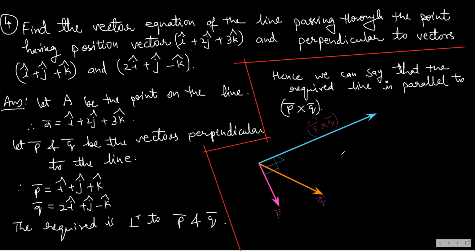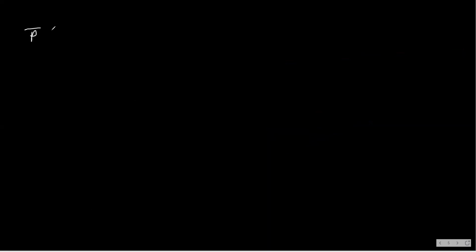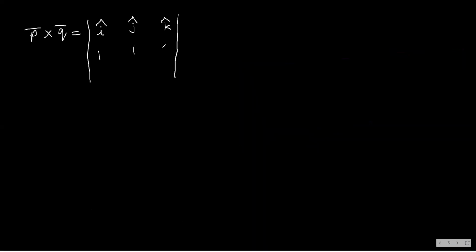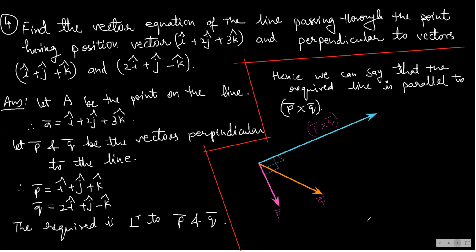Okay. So the next thing that I do is I will find out P bar cross Q bar. So P bar cross Q bar is, as you know, I cap, J cap, K cap, and now you have P bar as 1, 1, 1, the coefficients of I cap, J cap, K cap, and Q bar coefficients are 2, 1, minus 1.